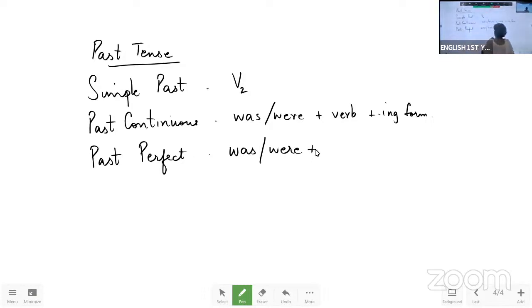V3. You should always remember perfect V3, past participle.